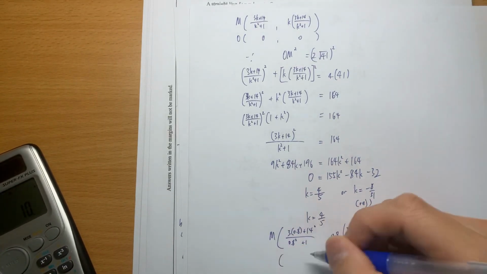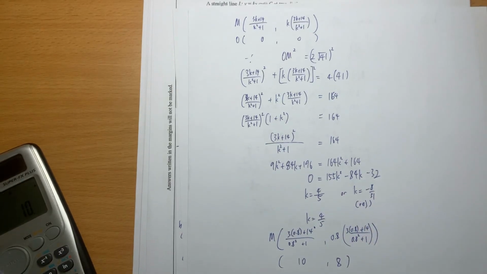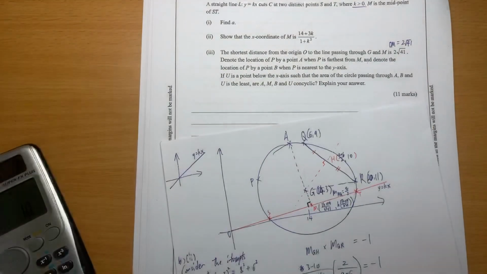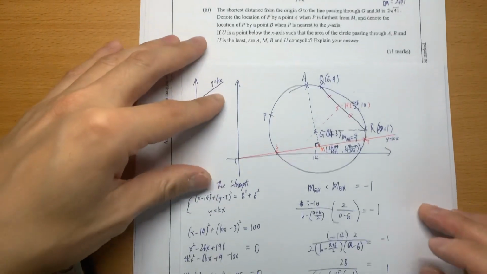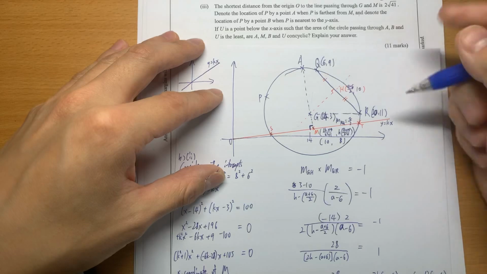Wait, this is 10, and this is 8. We got 10 and 8 here. Oh, the line is not below the center, it should be above the center, but it doesn't matter. So we already know this is 10 and 8.